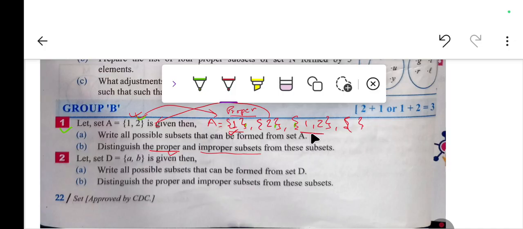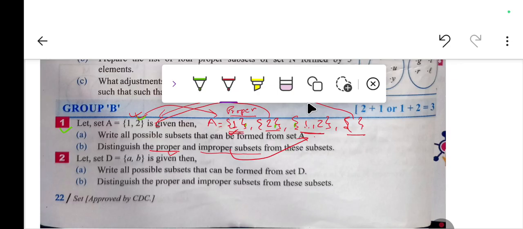But see this one, {1, 2} is equal to that. When both the sets become equal, it means A contains all of this and this contains all of A. When it becomes equal, it is not said to be proper, it is improper. So {1, 2} is the improper subset of the given set. Again phi is the subset of all sets. So here we have 3 proper subsets and 1 improper subset.